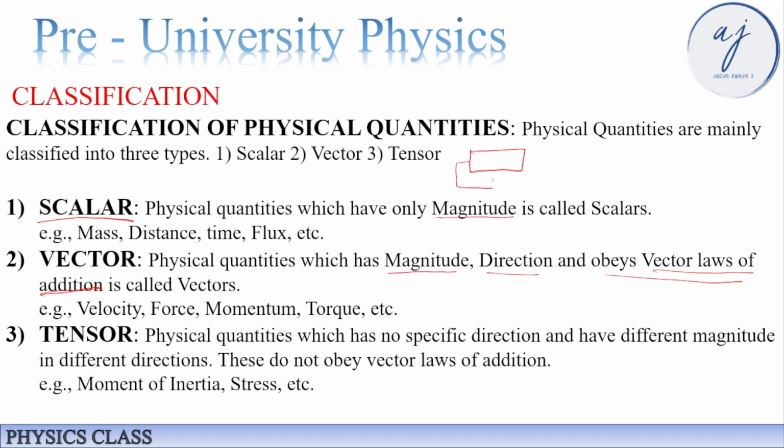Let me give you an example for this definition. Let me consider a conductor which is connected to a battery, an external power source. Let us say the electric current is flowing from left to right. That means it has a direction, from left to right.